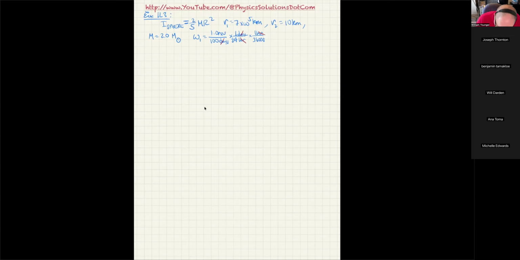This says the angular frequency is 1.16 times 10 to the negative seventh revolutions per second. So that's the initial one.